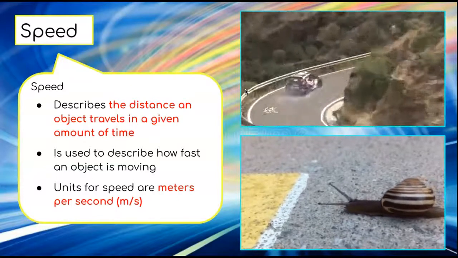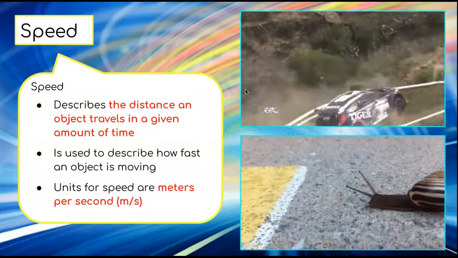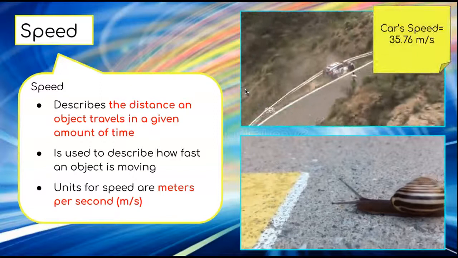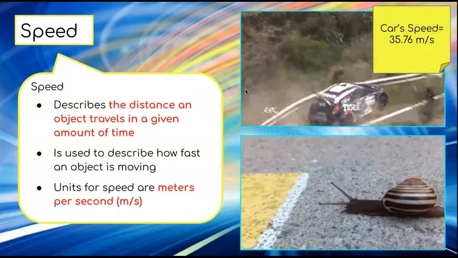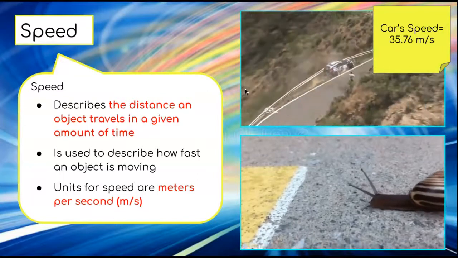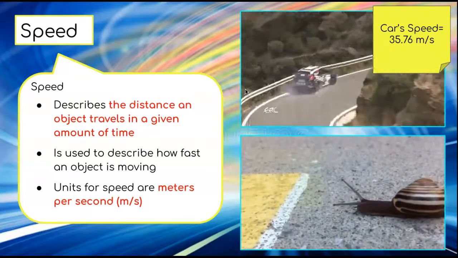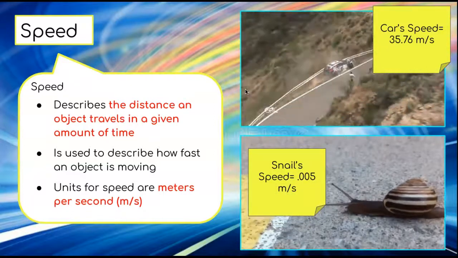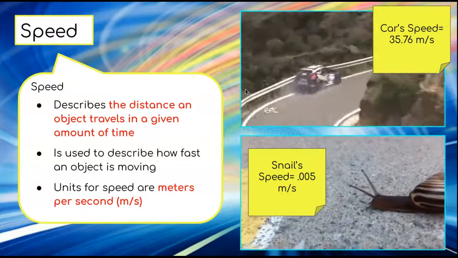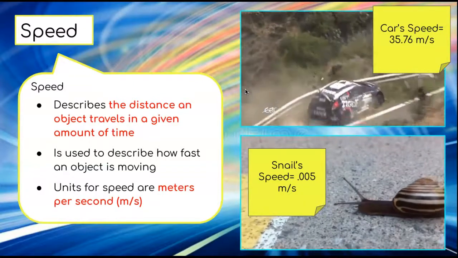The car is going much further every second than the snail is, hence why it is traveling at what we call a greater speed. In this example, the car's speed is probably going somewhere around 35.76 meters per second. That's right around 80 miles per hour. Whereas my little snail is only covering a very small amount of distance every second, traveling probably somewhere in the range of 0.005 meters per second.